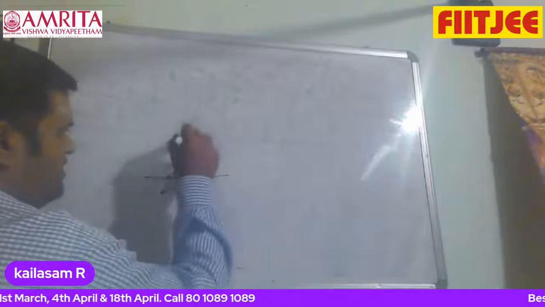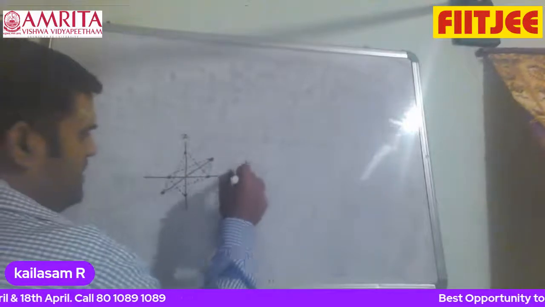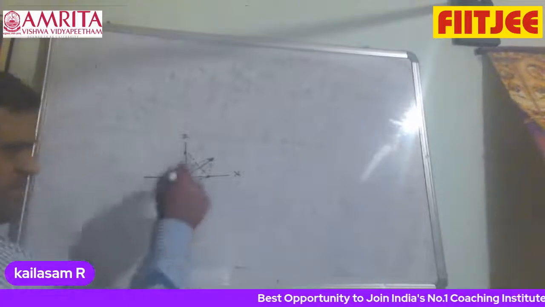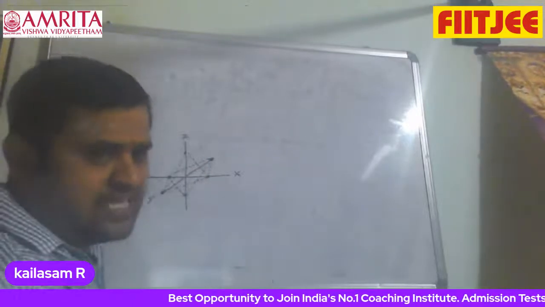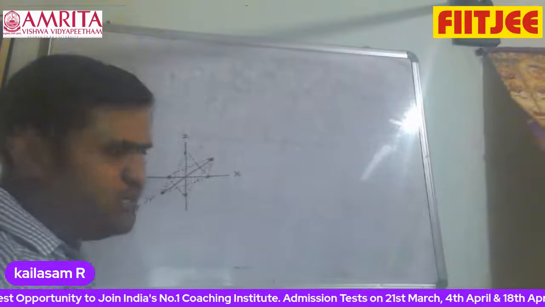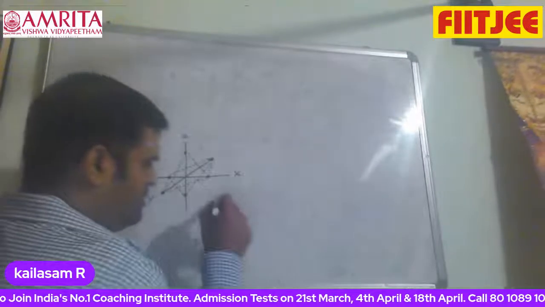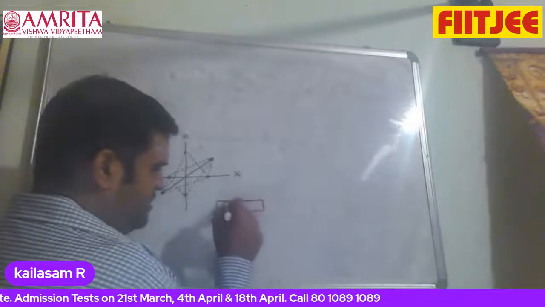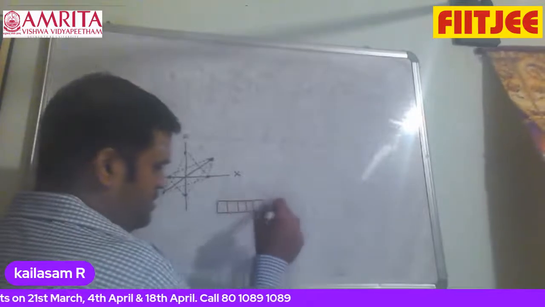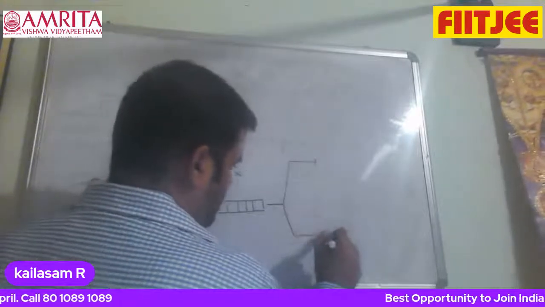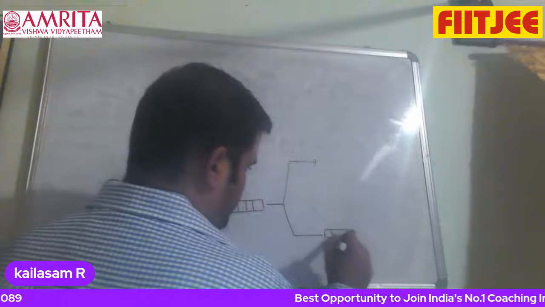I can say this is Z, this is X, this is the Y-axis. That means the ligands are approaching along the axis. As per crystal field theory, ligands are considered point charges. When ligands approach, slowly they increase energy. Now, I'll try to explain. The d orbitals split into two energy levels.